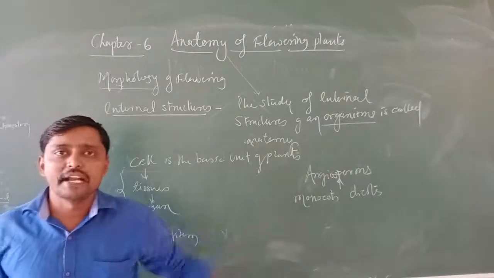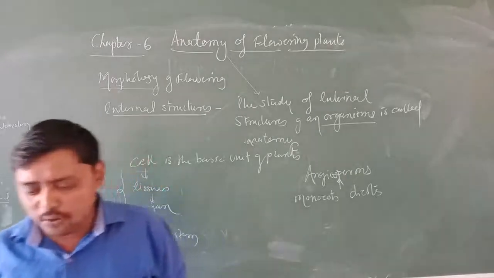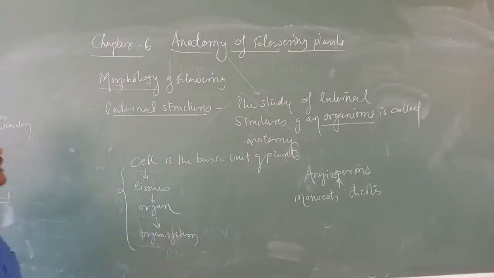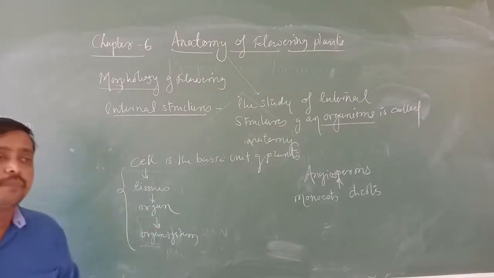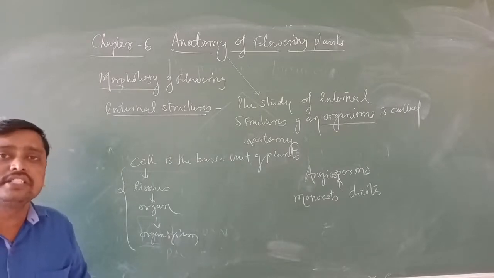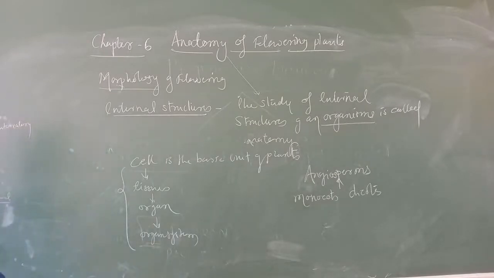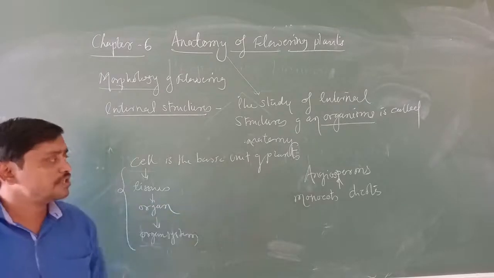That can be various from one plant to another plant. So this is about the basic things we have to know regarding anatomy, the definition, and afterwards I told you the basic unit of a plant is a cell. Then the cells are organized into a tissue, and tissue is organized into the organ. The internal structure of organs may be different or similar. Okay, and then I told you about the angiosperms.